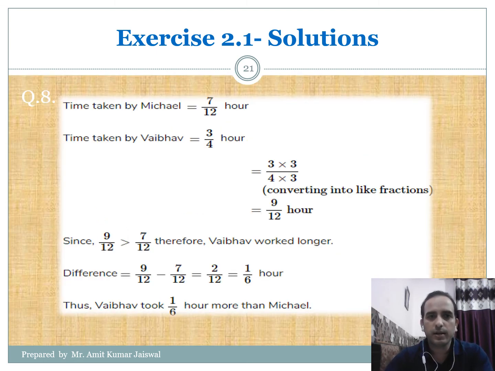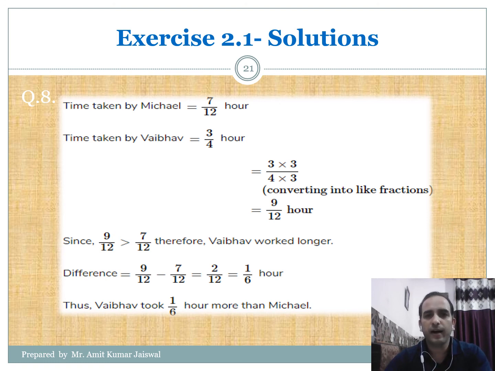So the time taken by Michelle to color a picture is 7 upon 12 hour, and the time taken by Vaibhav is 3 upon 4 hour coloring the picture, right? So now we need to convert them into equivalent fractions and then we have to compare them.